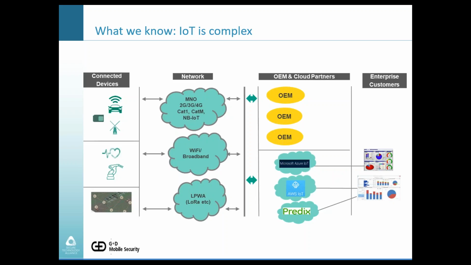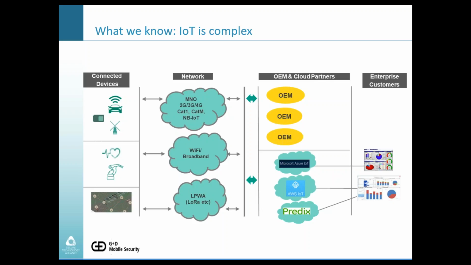And they all use different types of networks to attach themselves and send the data out. If you look at nomadic devices, they typically tend to use cellular networks such as LTE, Cat1, Cat-M, and the new narrowband IoT networks.